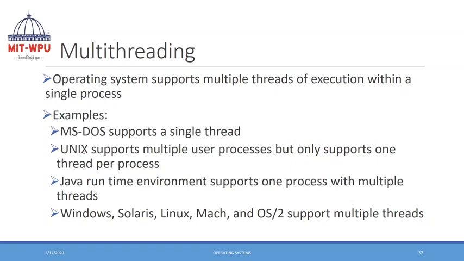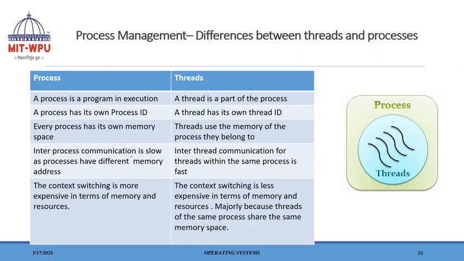Another example is Unix, which supports multiple user processes but only one thread per process. And the third case, Java runtime environment supports only one process with multiple threads. And in the last case, Windows, Solaris, Linux, Mac, all these kinds of operating systems support multiple threads with multiple processes.